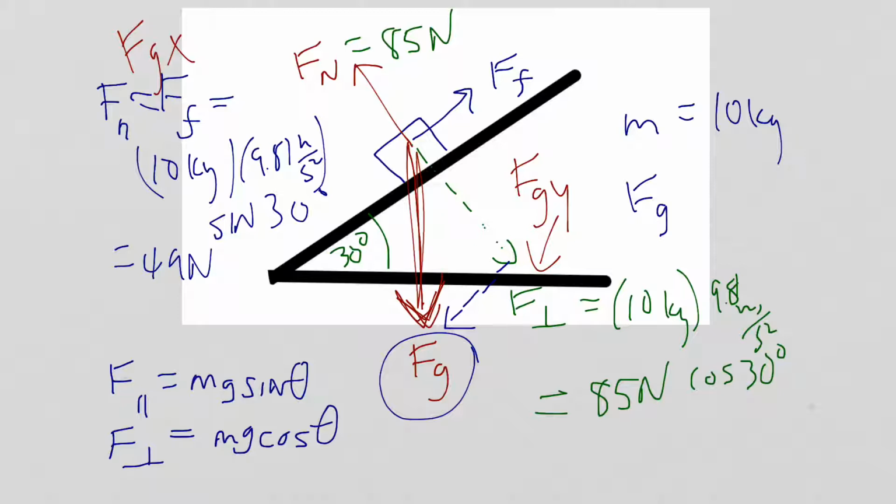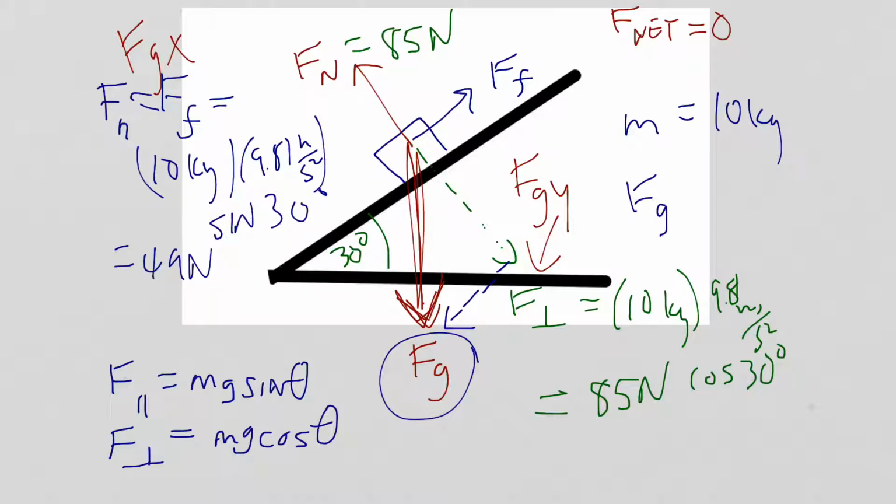The object is sitting on the incline. It's not moving. So the F net is equal to 0. Forces come in pairs, so your Fn, which is 85 newtons, is exactly the same as my F perpendicular, or FGY, of 85 newtons.